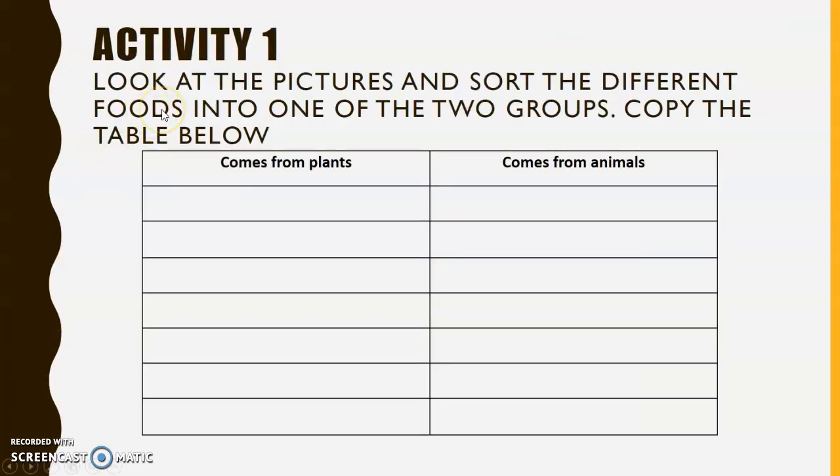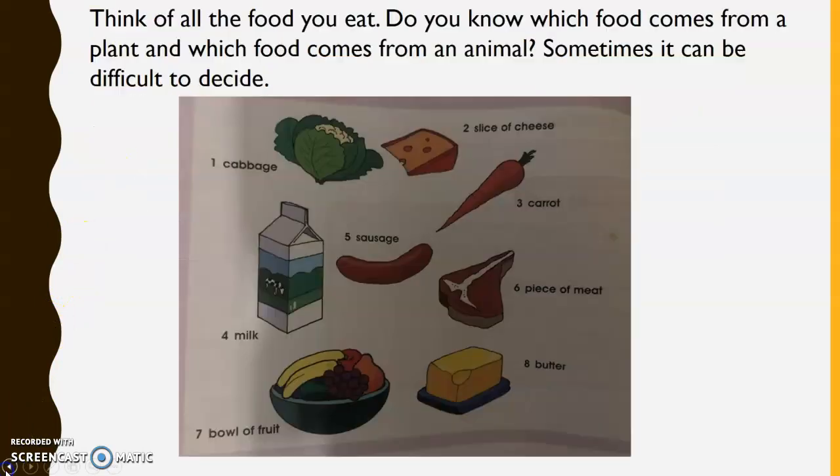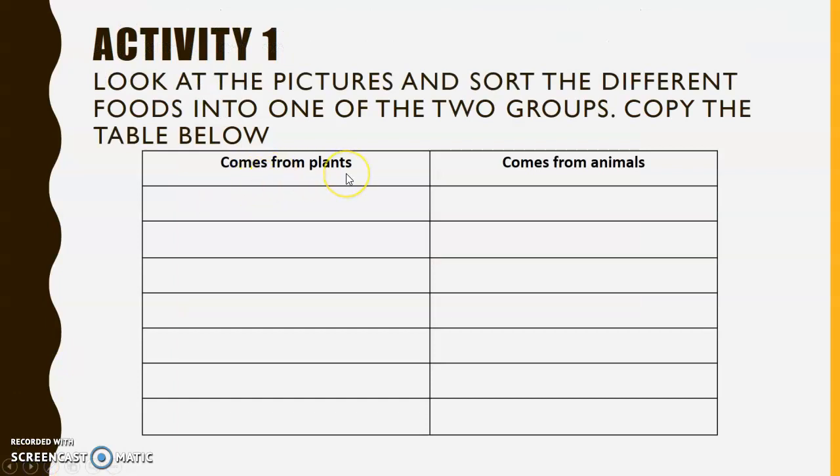Your first activity is having to look at these foods I've given you and deciding if they come from plants or animals. Look at the pictures and sort the different foods into one of the two groups. Copy the table below.